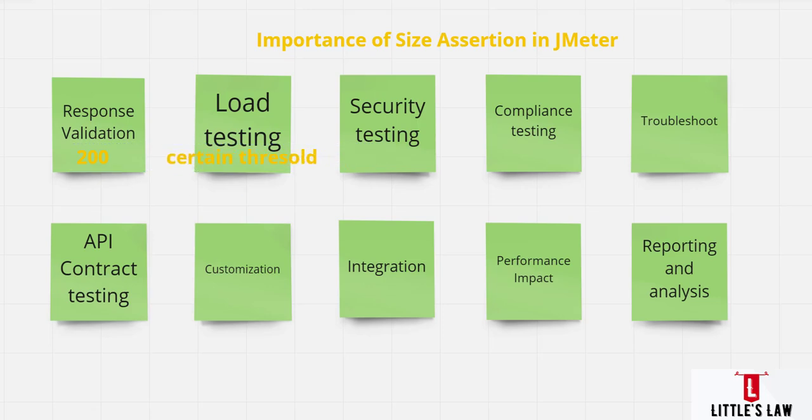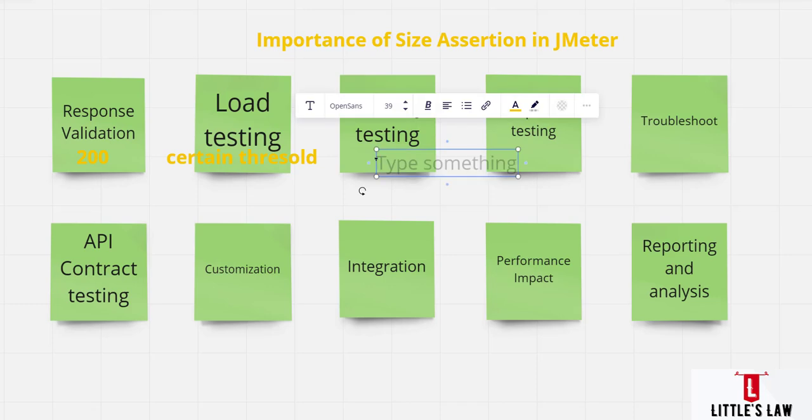And then when it comes to security testing, in some cases attackers might attempt to exploit a vulnerability in our application by sending a large payload that could cause our application to crash or become unresponsive, right? They might try a DDoS attack or any kind of attack to make our application crash.